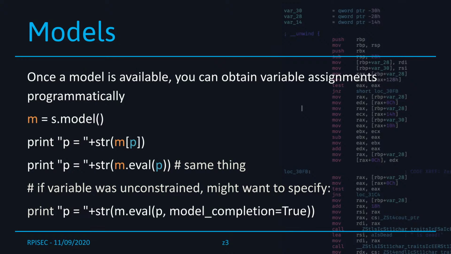And so if we want to print out a value for an unconstrained variable, if we want to be able to just get some concrete value, we can add in that model completion argument as well, and that's going to tell us that no, actually we do need this to be a concrete value. And so we need to use that eval syntax in that case when we need to pass in a little bit more information.